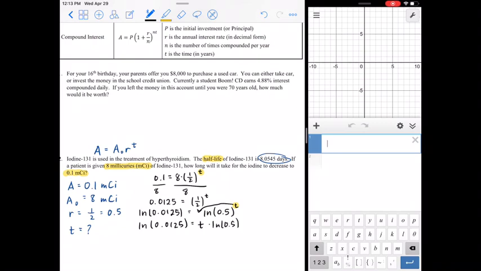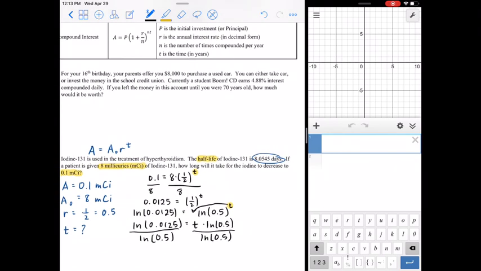So now in order to solve for t, we need to divide both sides by the natural log of 0.5. And so we're going to put that into our calculator. We're going to get some number for t.